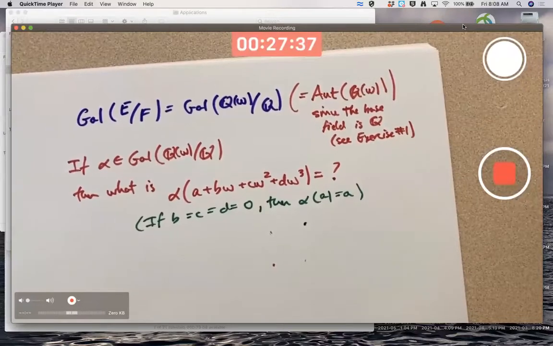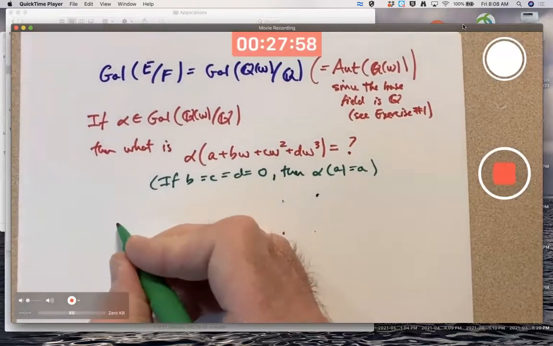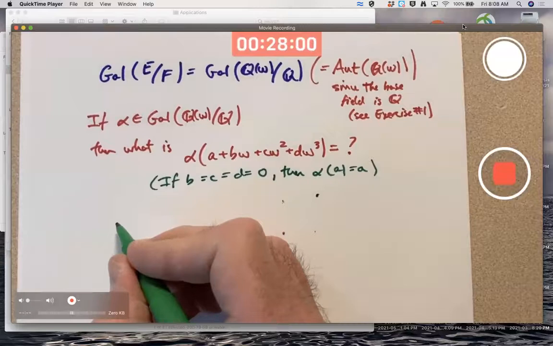The other important thing to note, this is perhaps the most important observation for the entire day today, is to think about what alpha would do to omega, and what would that imply about what it does to powers of omega. Now, omega is a fourth root of -1.